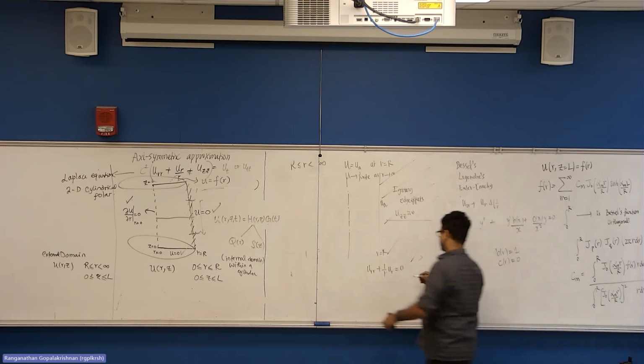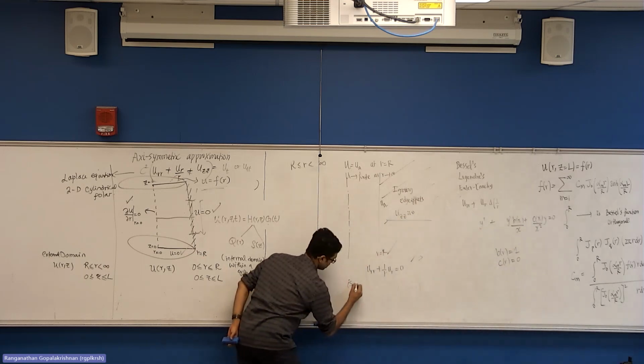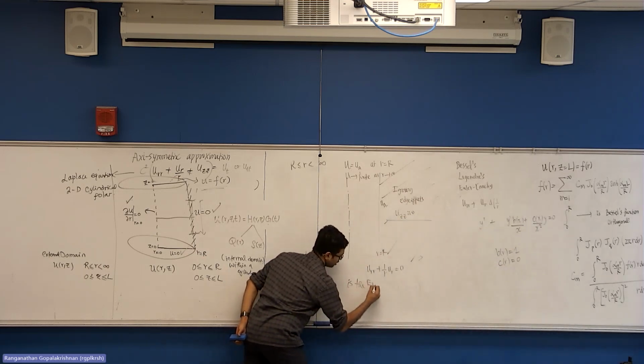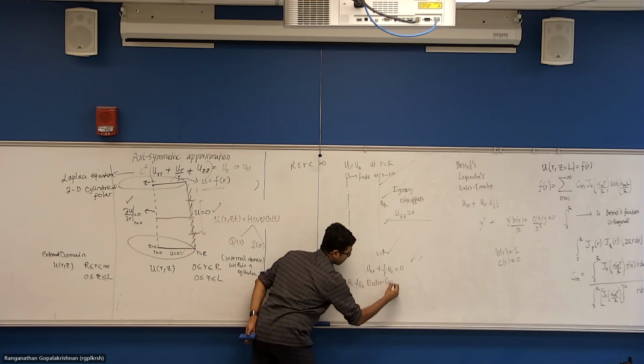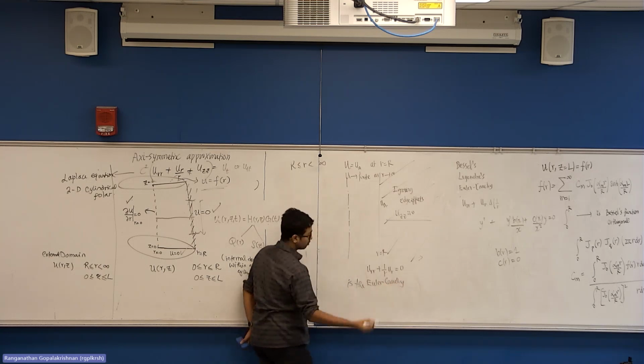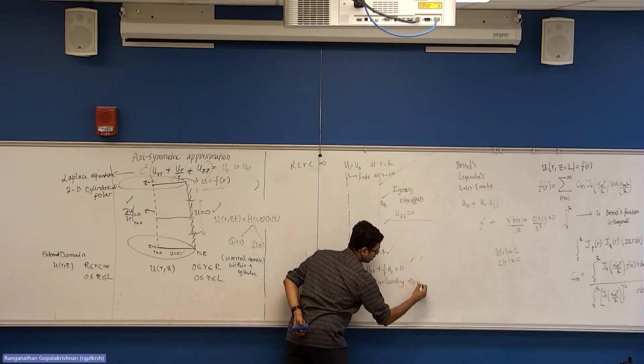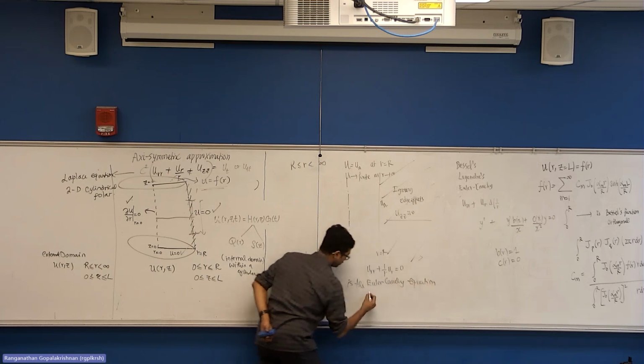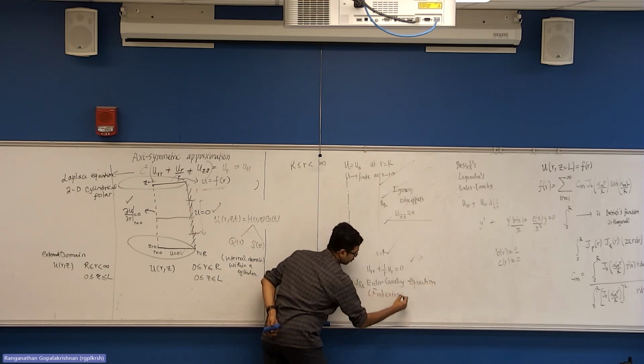This equation is the Euler-Cauchy equation, the one with which we learned the Frobenius method. If you don't remember the name, it's the one with which we learned the Frobenius method.